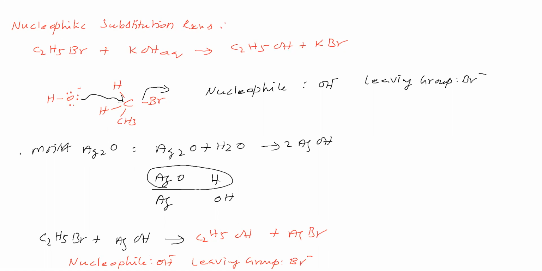Okay. Next reaction we'll see. This alkyl halide with alkoxide. Alkoxide means sodium alkoxide or potassium alkoxide, RO minus K plus.